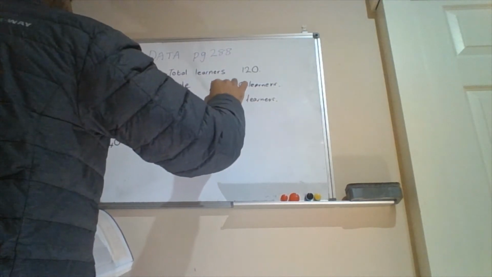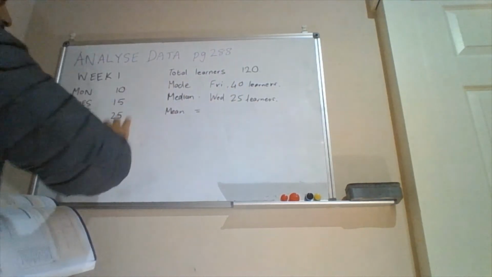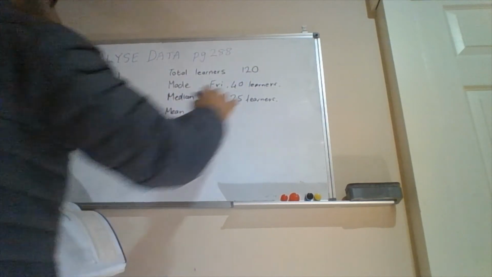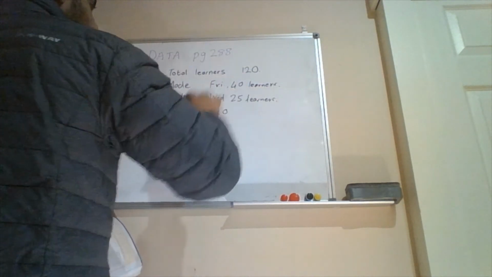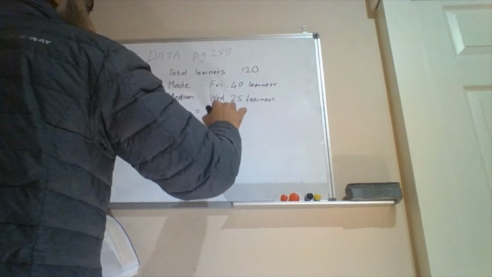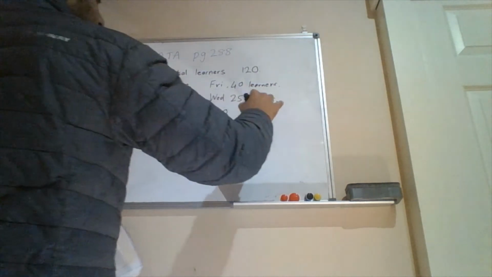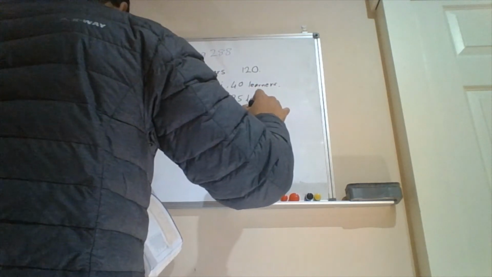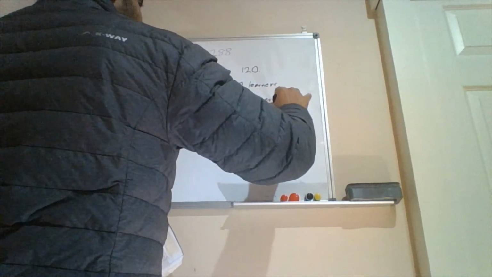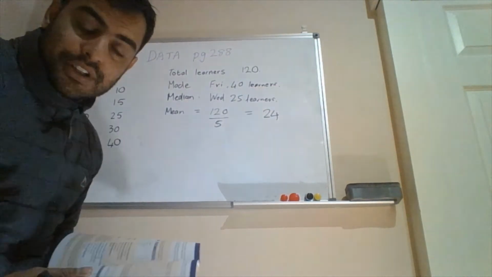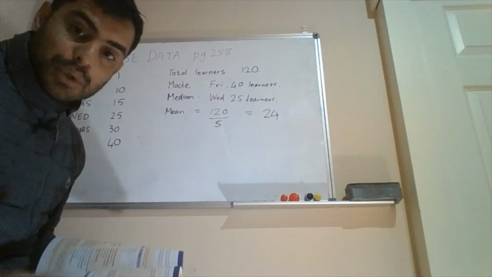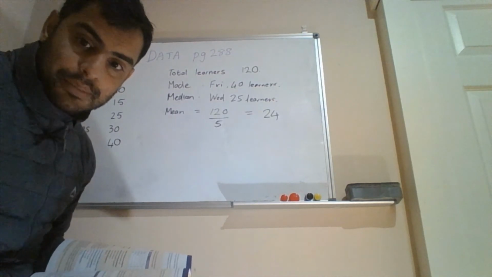So we add up all these numbers, that would be the total 120 number of purchases over the number of days, which gives us 24. So on average, on each day, 24 learners purchased from the tuck shop.